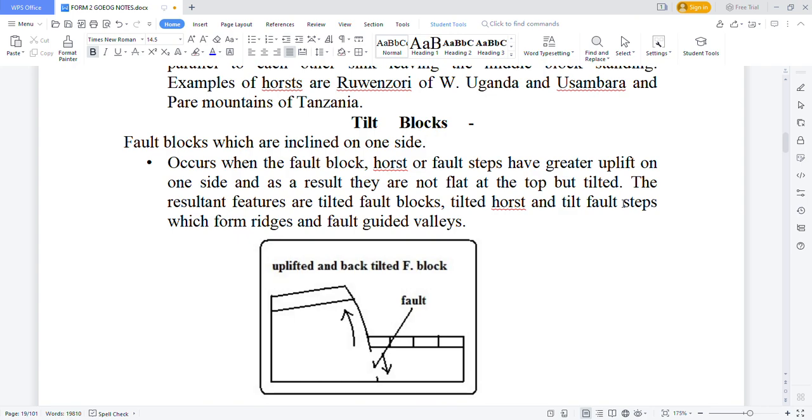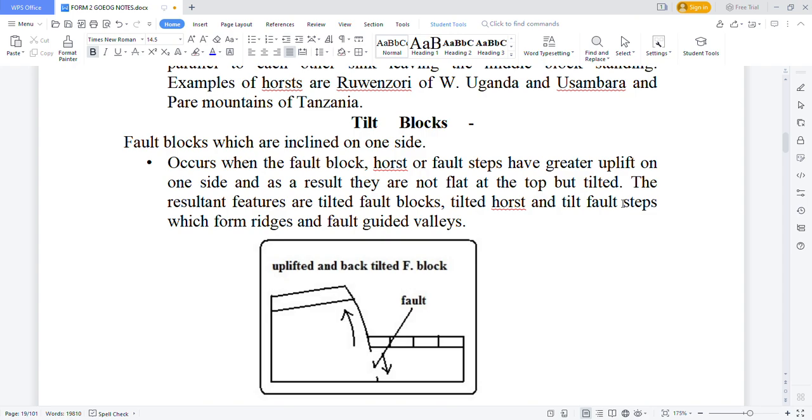You have tilt blocks. Remember, we are still talking about the features resulting from faulting. Tilt blocks are fault blocks which are inclined on one side. This occurs when the fault block, horst, or fault steps have a greater uplift on one side, and as a result they are not flat at the top but tilted.